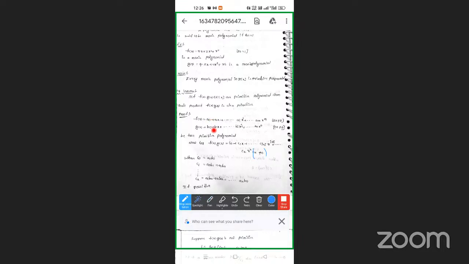So we are taking two primitive polynomials, and the product f of x into g of x is equal to c naught plus c1 into x plus up to c(i plus j) into x power i plus j plus up to ck into x power k, where the leading coefficient ck is not equal to 0.